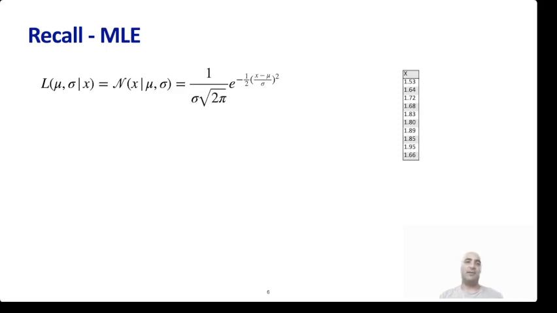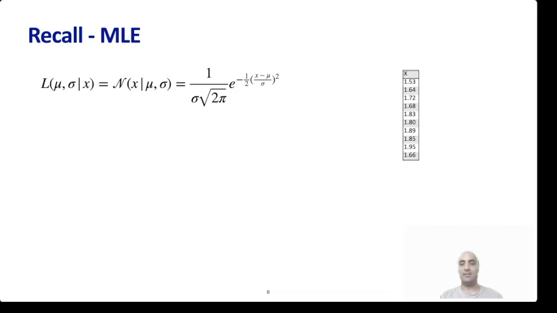Let's say we have a likelihood function of mu and sigma, which are the parameters of a normal distribution, and we fix the set of observations. So we go and collect a set of examples, and then we use these examples to find the best value for mu and sigma. If you fix x in this equation, then the only variables would be mu and sigma, right?